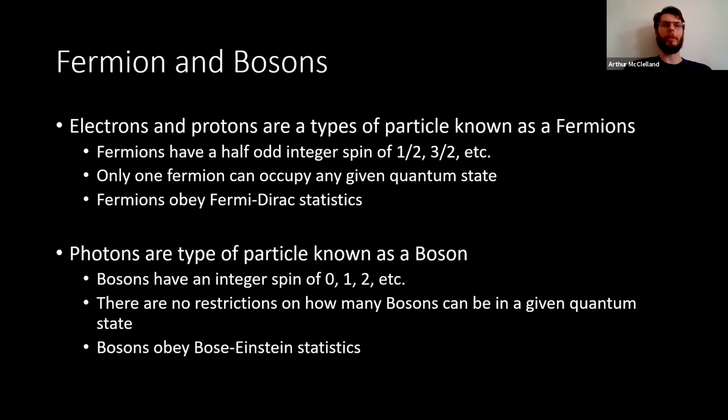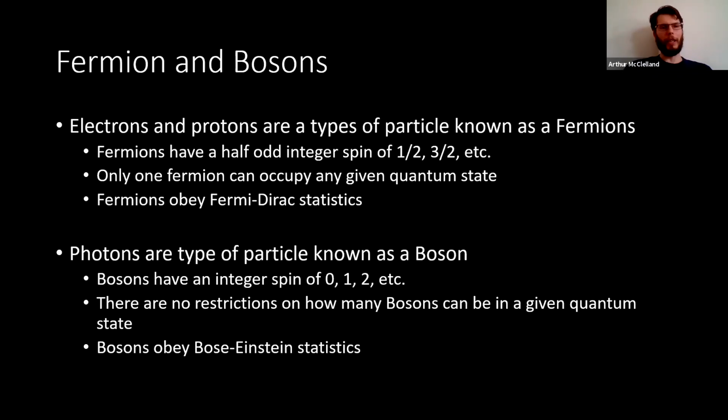But for now, just accept that there are fermions and they have half integer spins. And there's a requirement that only one fermion can occupy any given quantum state. So this is commonly known as the Pauli exclusion principle. It has to do with the wave function needing to be antisymmetric, but that's beyond the scope of this lecture.